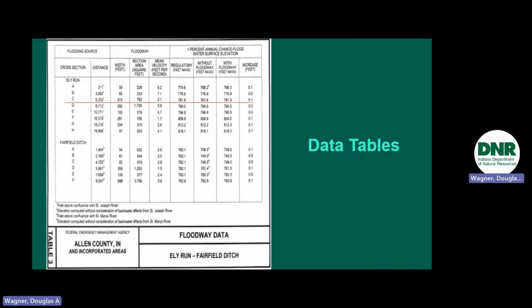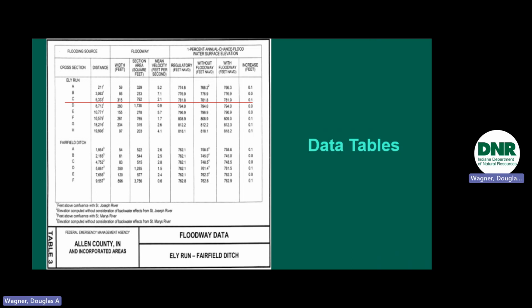We can also check our work by referring to the data table and see that at cross-section C, the BFE is 781.8, slightly less than the BFE we determined. Since we are using the upstream, this looks good.